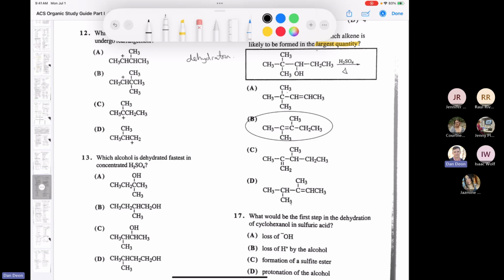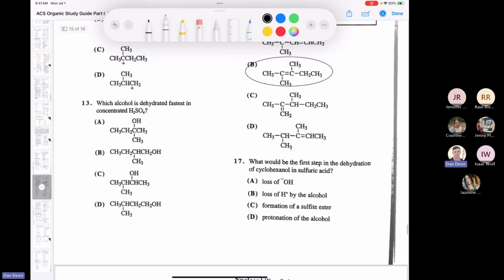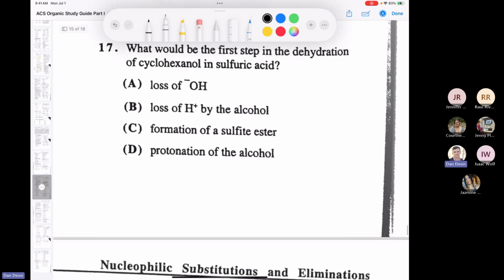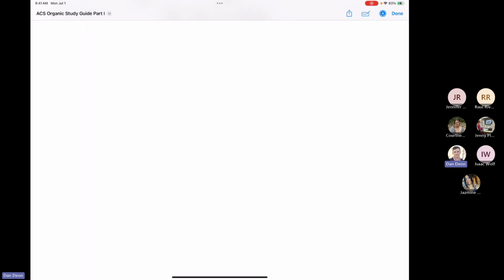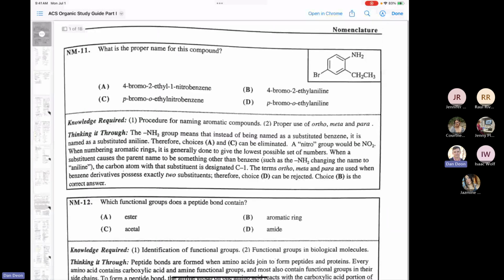All right. Let's move on to number 17. Fast question. It says if you're doing a dehydration of cyclohexanol, now that you know how to name an alcohol, cyclohexane, that's all it is.